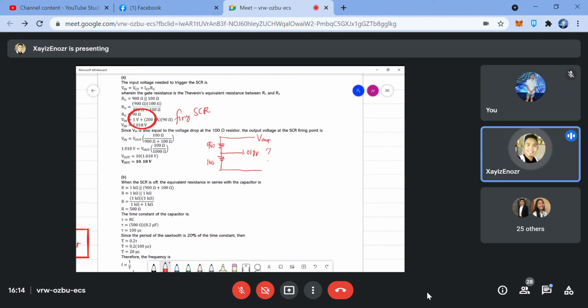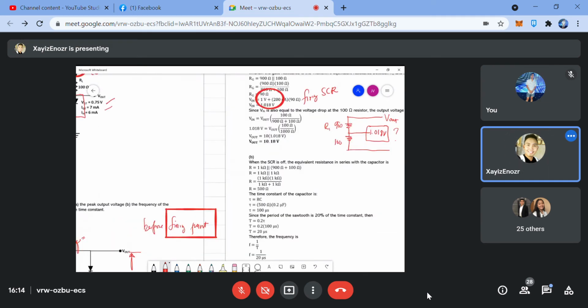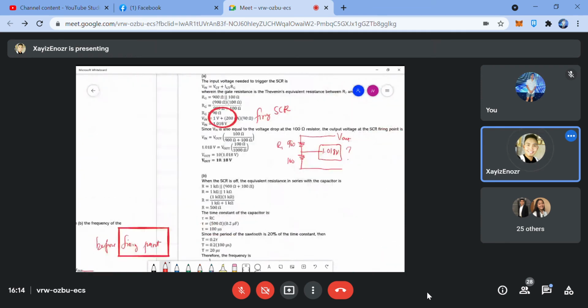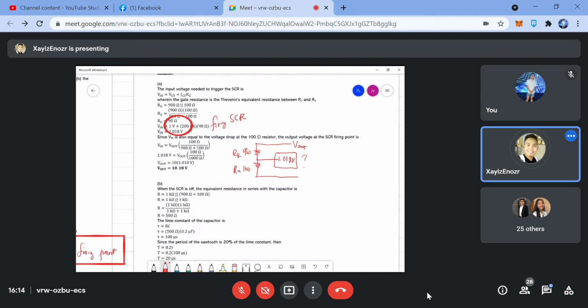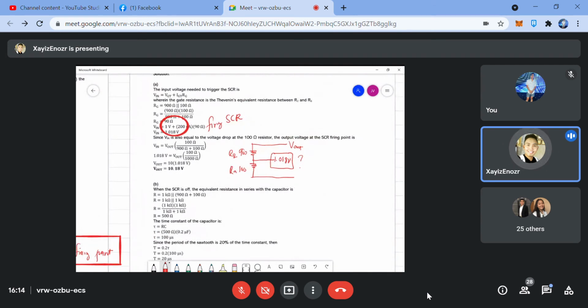So, voltage divider, ibig sabihin, R2, R3. Okay. Kung mapapansin nyo, pag sinukat nyo, yung 1.018, since ito yung ground natin, 1.018 is a voltage drop kay R3.